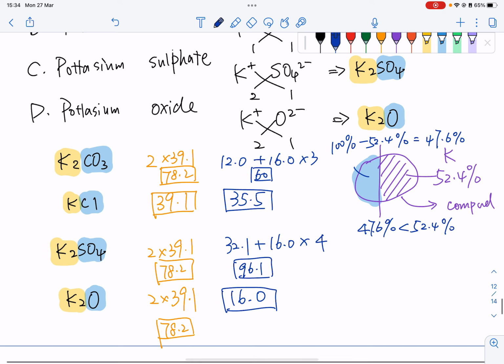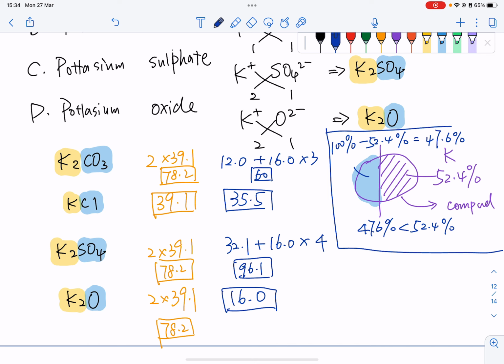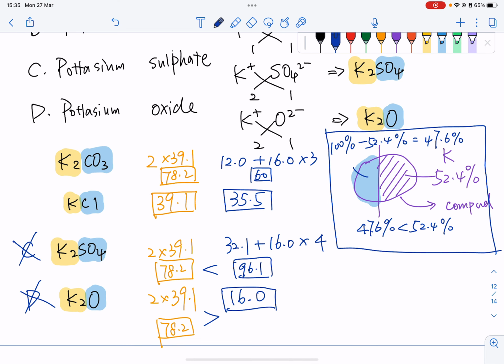If the rest is greater, then it shouldn't be the answer. All right, let's see here. This one is greater. This one is smaller, but these two are not close to each other. So for C and D, we just eliminate them. Oh, very good. For these, the potassium is greater than the blue area here.